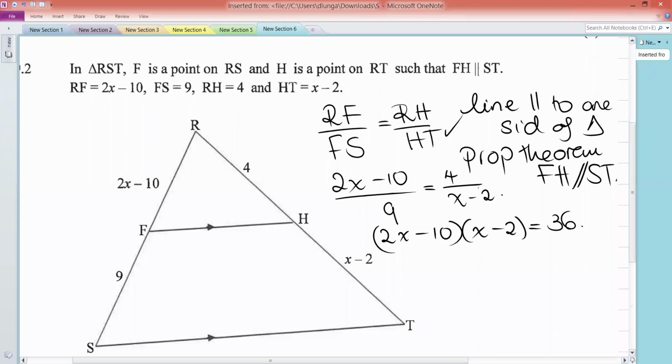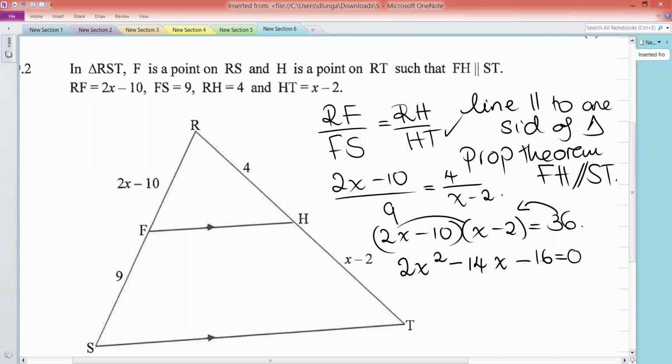Now let's distribute. When you distribute, you get 2x squared minus 14x minus 16 is equal to 0. I did this quickly, all in one step. I distributed, and then I brought the plus 36 over. Do you guys understand what I just did?